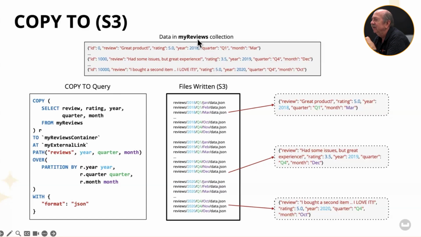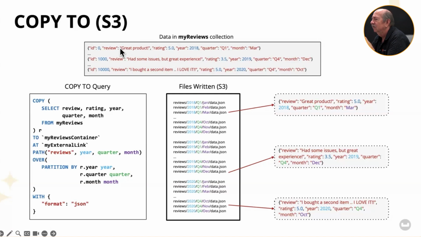Suppose you've got some reviews data, and you have an internal collection, a collection of data sitting in Columnar called My Reviews. And now you want to stick it in S3. You want to share it in S3 for whatever reason. So you can write that data out to S3 by using this kind of copy to query.